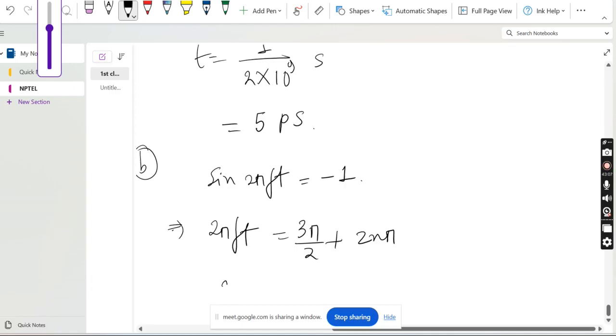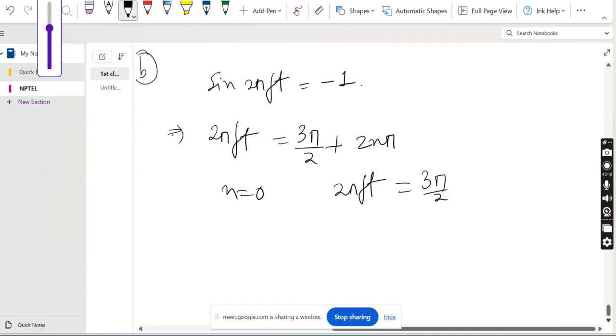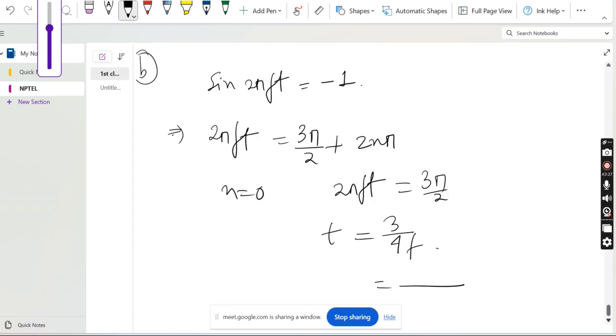So even if n is equal to 0, we will get first negative at 2 pi ft at 3 pi by 2. So t will be 3 by 4 f. Then 5 nanosecond.